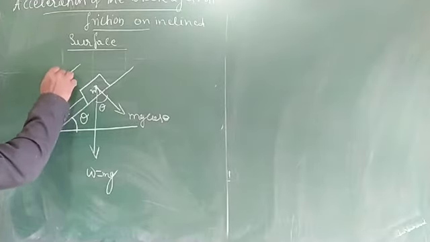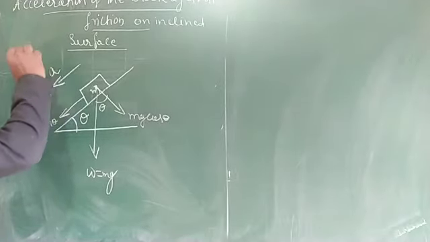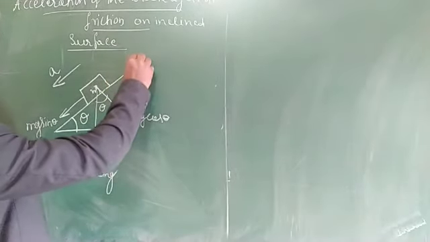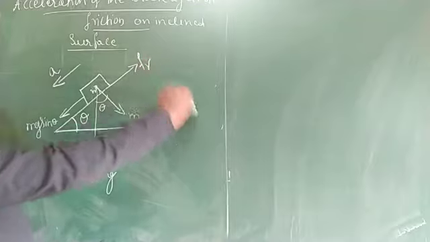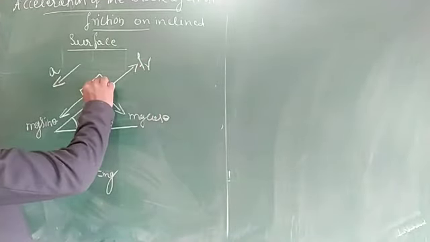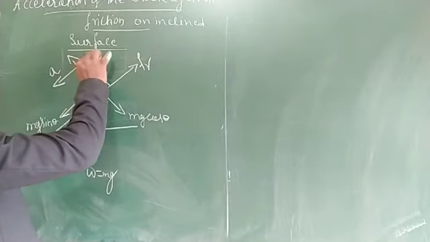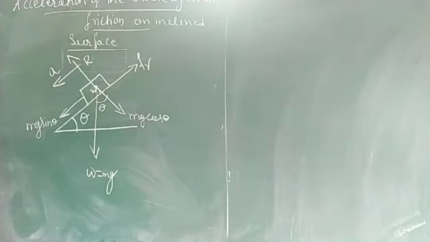The block is moving in this direction with an acceleration a. At the same time, the frictional force opposes the motion of the block, and normal reaction acts perpendicular to the surface in contact.